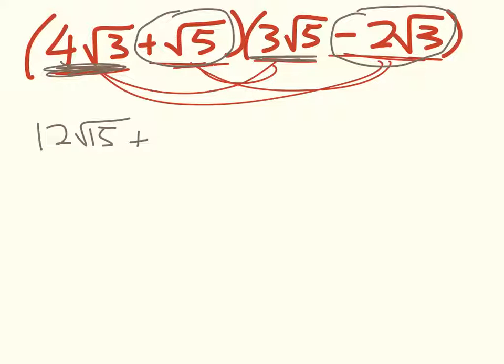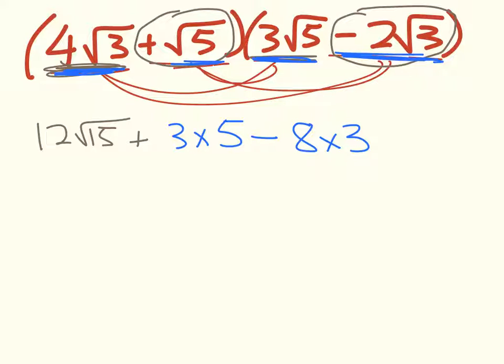plus, this one and this one will give me 3 times 5. Right, that's those 2 done. Now, negative 2 root 3 times 4 root 3 gives me minus 8 times 3.